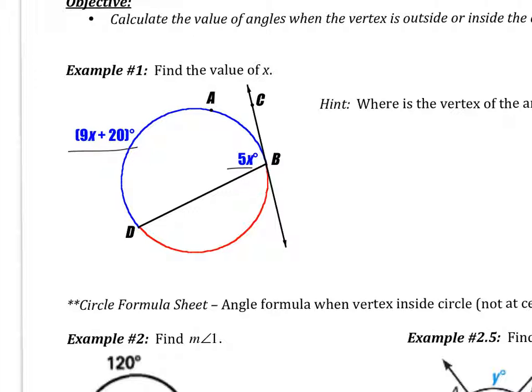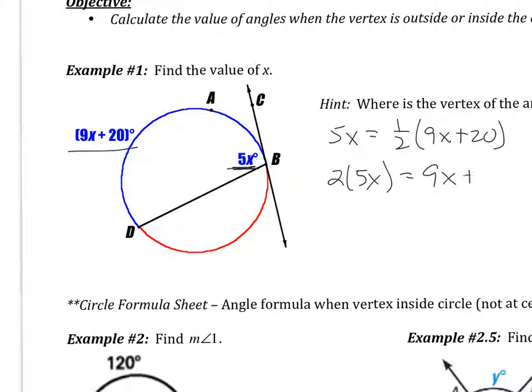Okay, so if I did that, I am going to end up with half of 9x being a decimal. Are you guys okay with dealing with a decimal? You could also multiply the 2 to the other side to make it 10x is equal to 9x plus 20. Or we could double the angle, and that's equal to the arc measure.